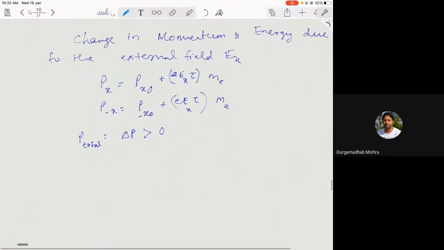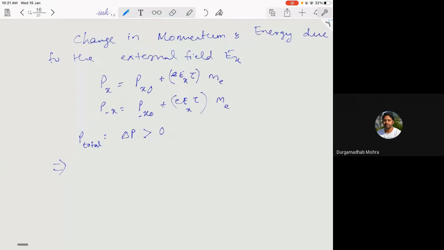We have the net momentum expressed as Px equals Px0 plus Ex tau. I don't think we should multiply by Ne here, because Ex tau already matches the dimensions of momentum.